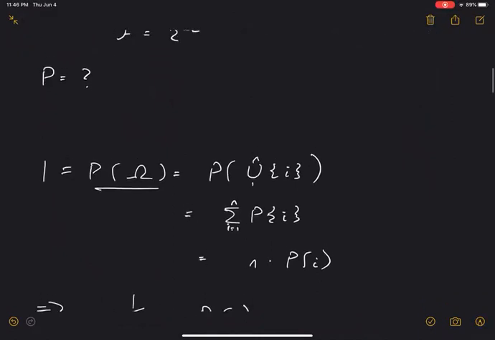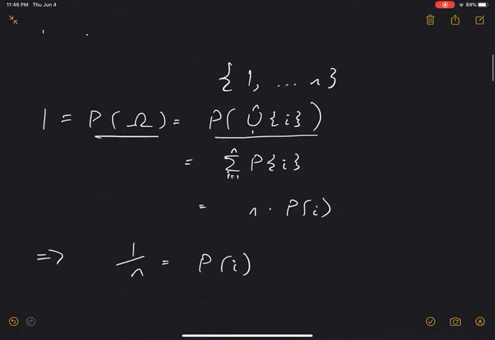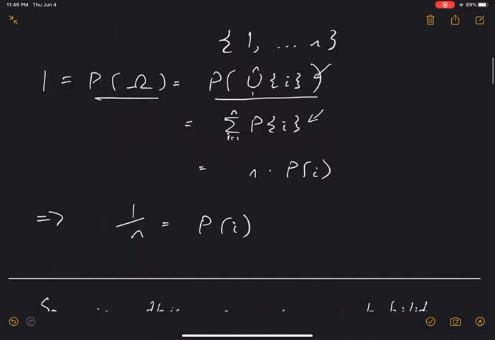And then since omega is just the finite disjoint union of all those sample points, and there's n sample points, we have that the probability of omega is equal to the probability of the union of the sample points. Since these are all disjoint, we could think of it as the sum of the individual sample points. And if they're all equally likely, then we could pick any index i. This could be probability of 1 or 2 or whatever.